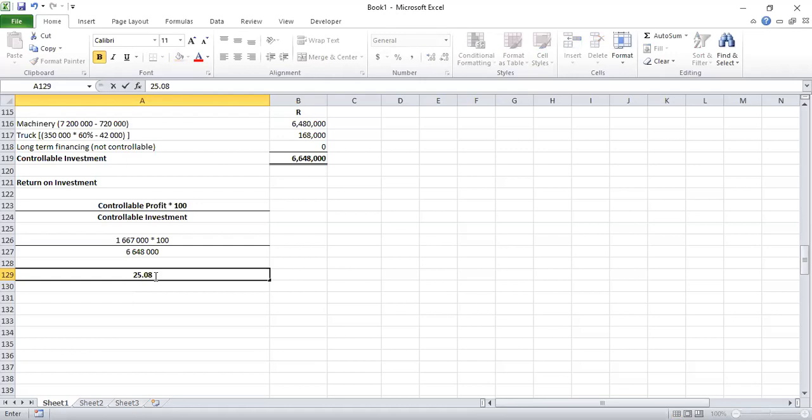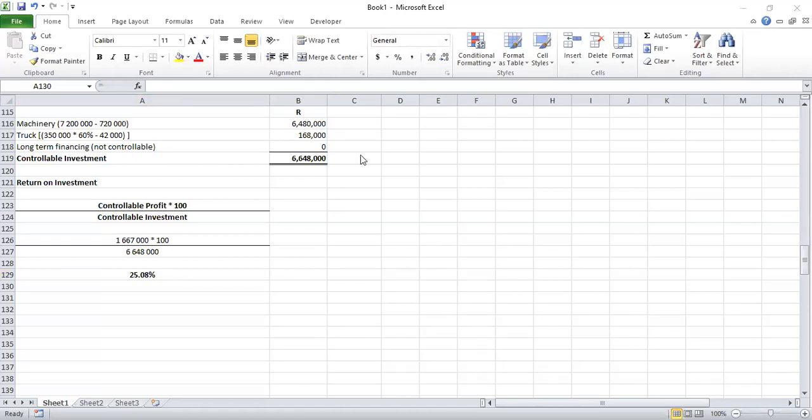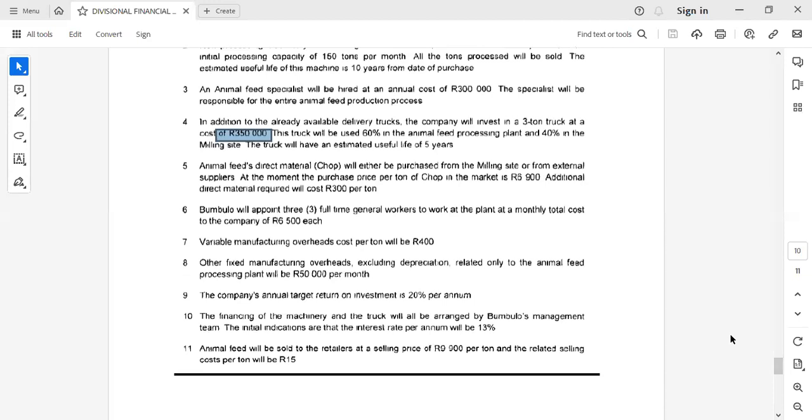25.08%. Thank you, guys. Then we compare what we got to the target. Remember, the target was 20%.